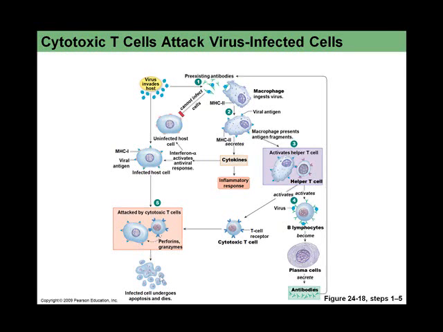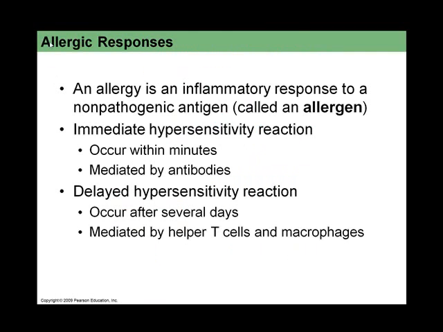So this keeps everything right in little packets and inactivates all the mechanisms required by the virus to continue to reproduce. And then these little packets, these apoptotic bodies, can be devoured by the phagocytes and removed. Remember, the macrophages or the phagocytic cells are responsible for removing dead and dying cells too.